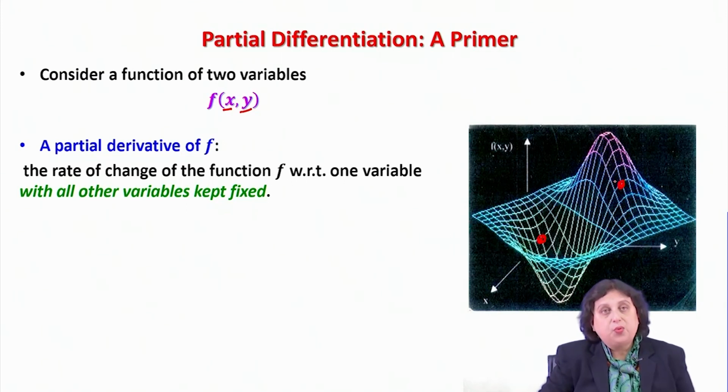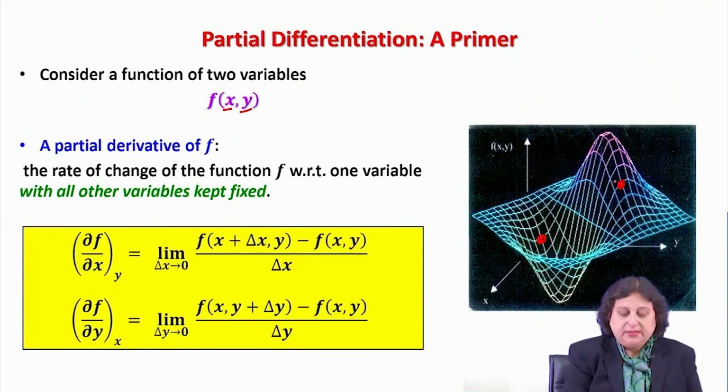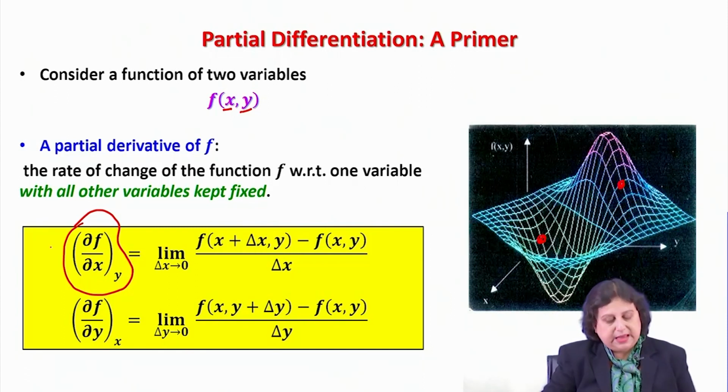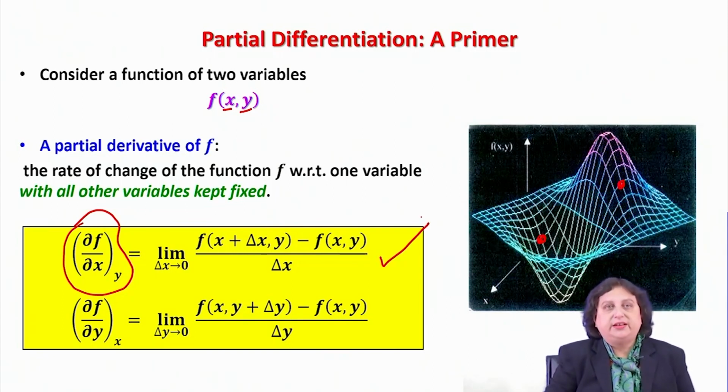Therefore, if I want to know the rate of change of the function f with respect to x, I must keep the other independent variable y fixed and then find out the rate of change of f with respect to the independent variable x by keeping y constant. And in the limit delta x going to 0, this is the definition of the partial derivative of f.